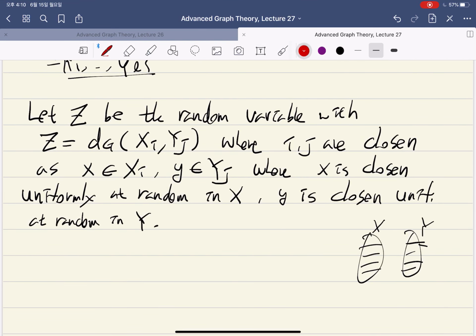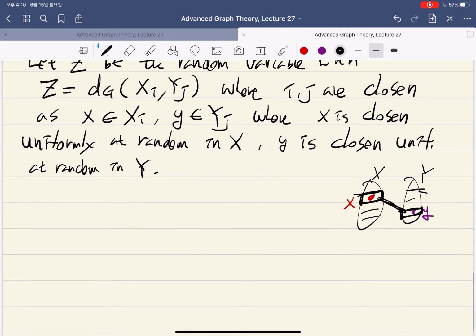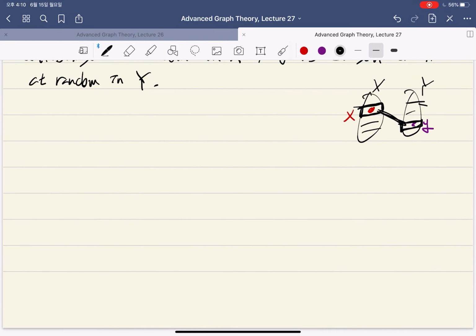You choose one random vertex here, and then you choose one random vertex here, and give names x and y. And this Xi is the part containing this x, and Yj is the part containing this y, and you consider the density between them. That's G.